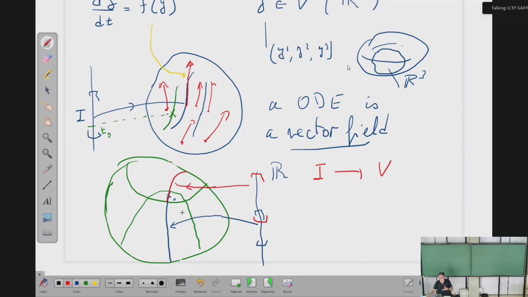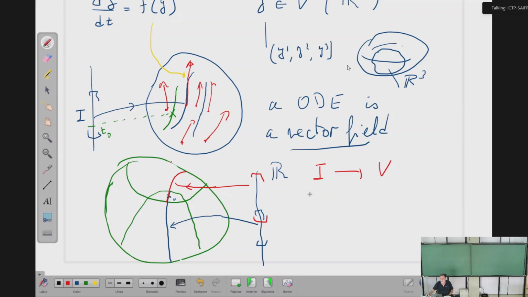When I do the calculations, I can compute this in two different charts. Then I say these are different charts, but the manifold is unique. So this curve, I can extend it.